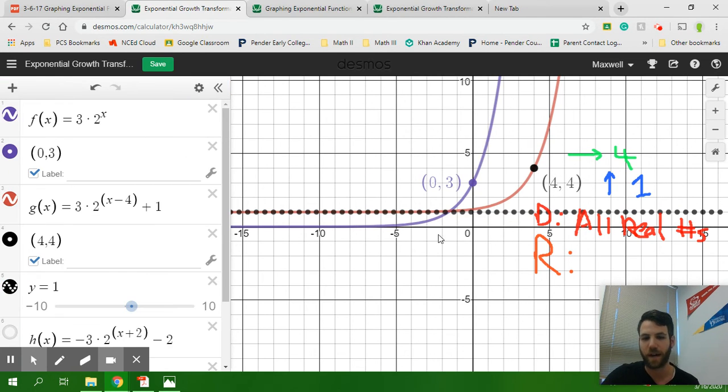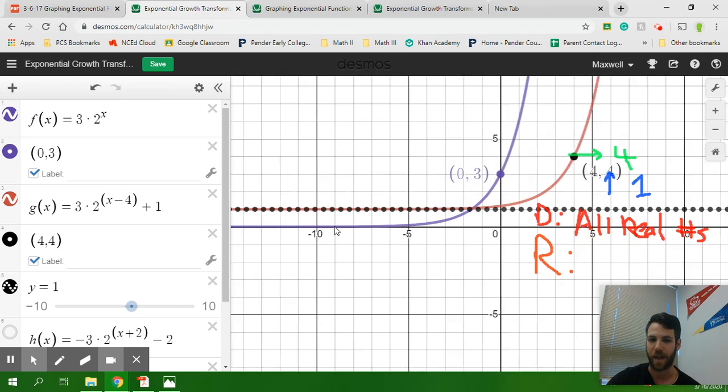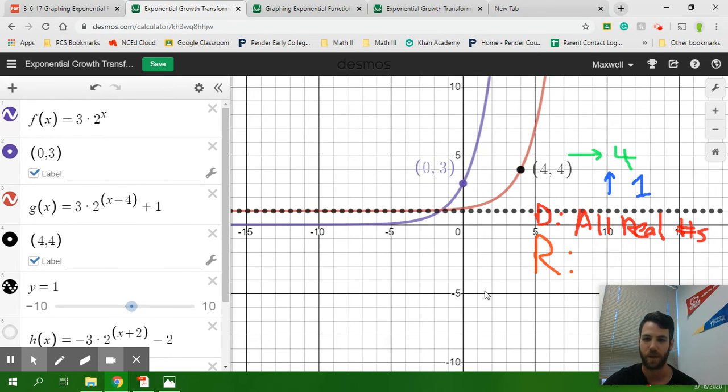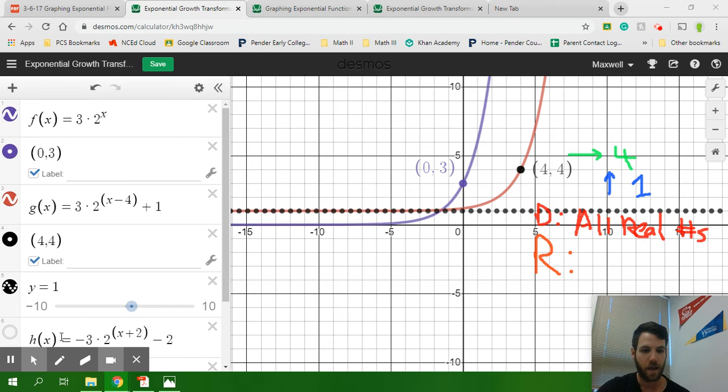And we can see that our red graph is leveling out at that black dotted line. And our graph is basically staying above that black dotted line, and we can zoom out and see that even closer if we wanted to here. And we will say that our range is y is going to have to be bigger than 1.